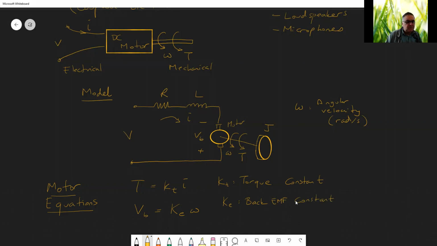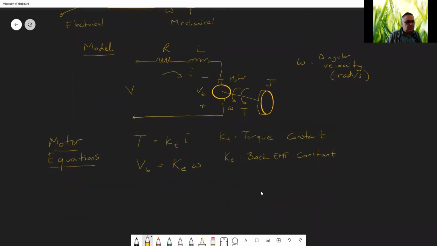These are static equations that relate electrical quantities to mechanical quantities. The torque is proportional to the current, and the voltage drop across the motor, called the back electromotive force, back EMF, is KE times omega, the angular velocity.